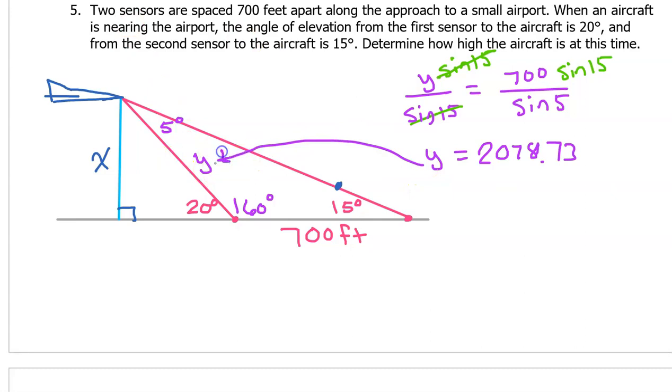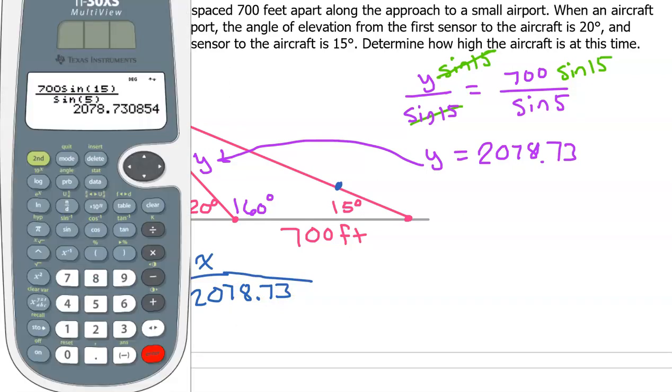As I was suggesting earlier, now I can go ahead and just use a good old-fashioned sine function to find x. So the sine of 20 degrees, sine is opposite over hypotenuse. So that'll be x over y, which is x over 2078.73.